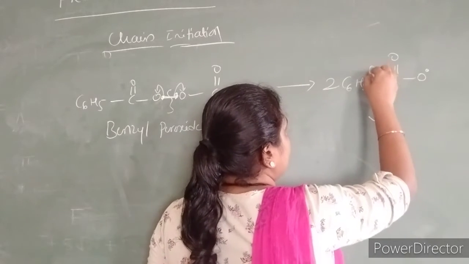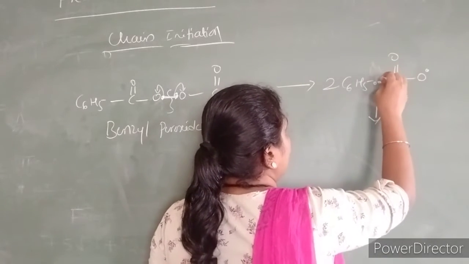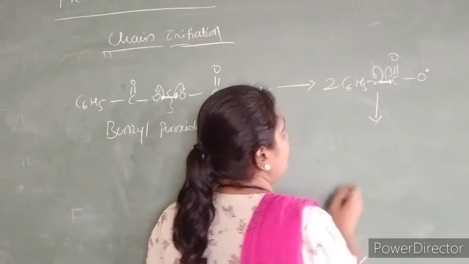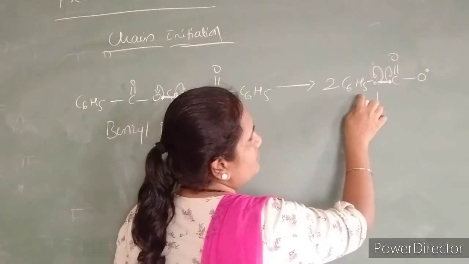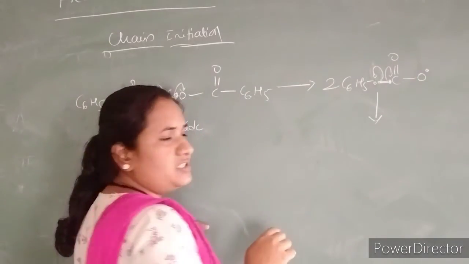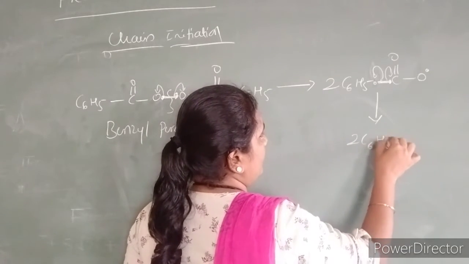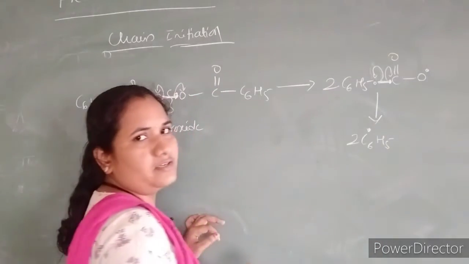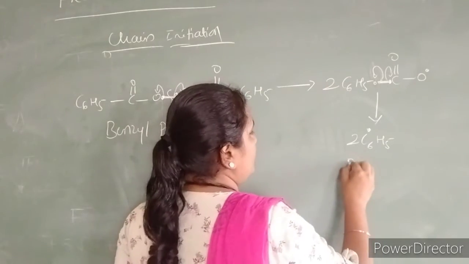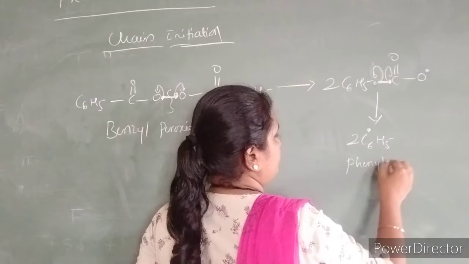As a result of this, the moving of electrons takes place, and we get the formation of a C6H5 radical, meaning the phenyl radical. Here the carbon carries one odd electron, which is why it is called the phenyl radical.